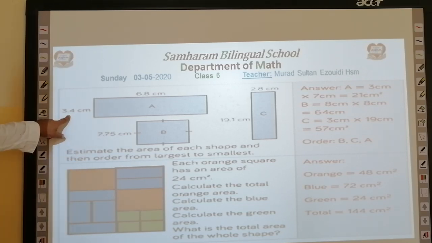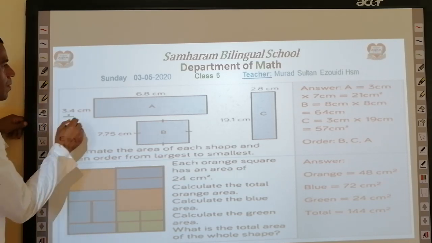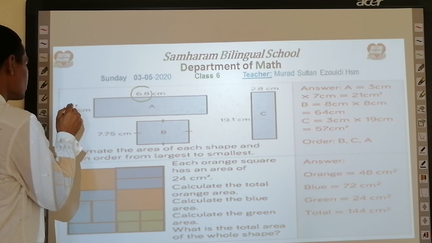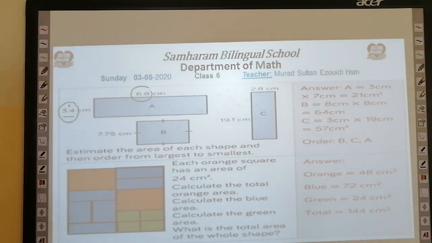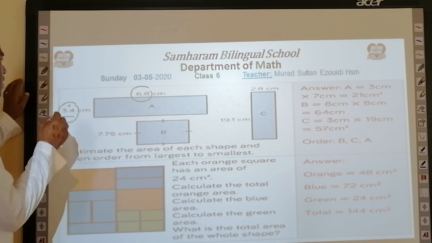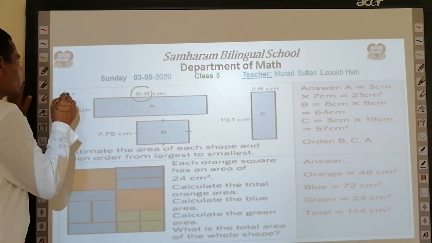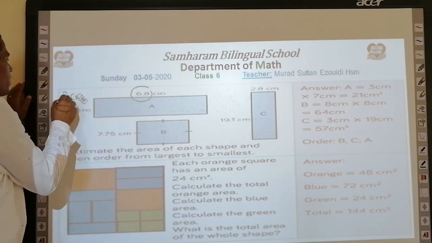The area of A is 3.4 multiplied by 6.8. Just calculate this and write the answer here, my learners. Then for B, 3.4 we can write as 3 to the nearest whole number, 3 centimeters.